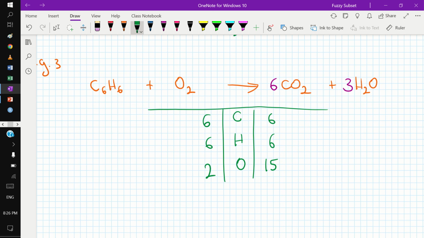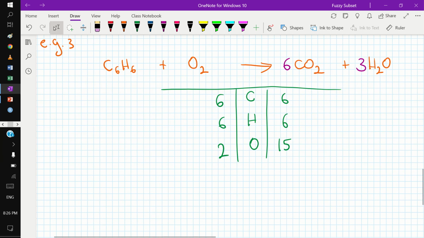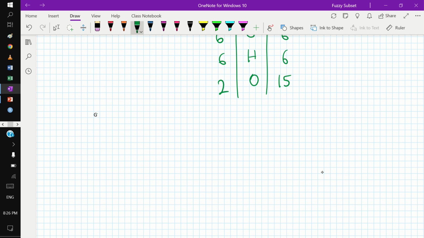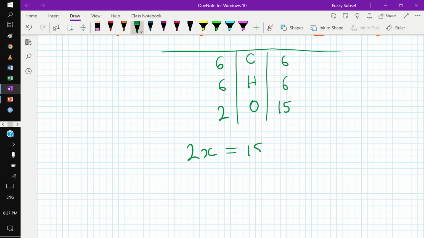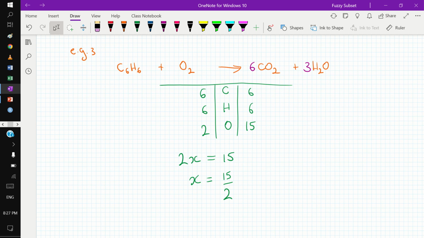So to balance that out, you can do your little algebra equation like we did before. 2 times the coefficient of oxygen has to equal 15, and if you rearrange that you will get x equals 15 over 2. Okay, so again a fraction coefficient, and that's okay.